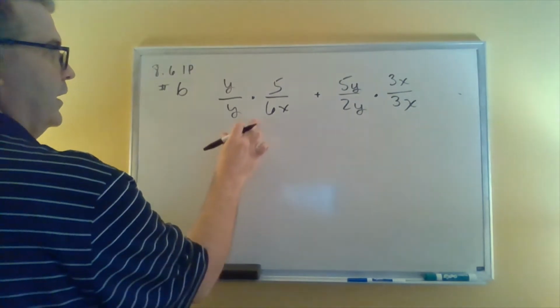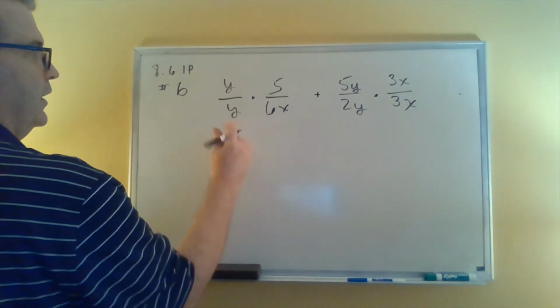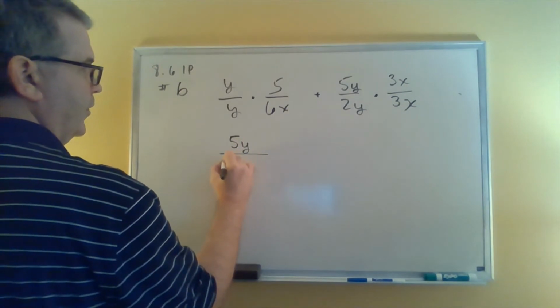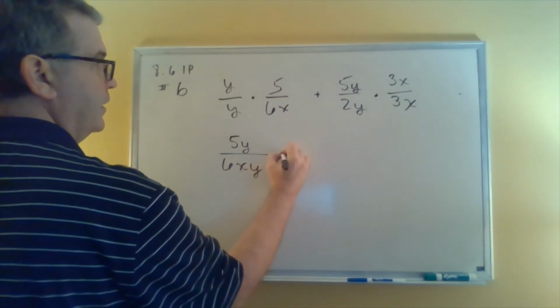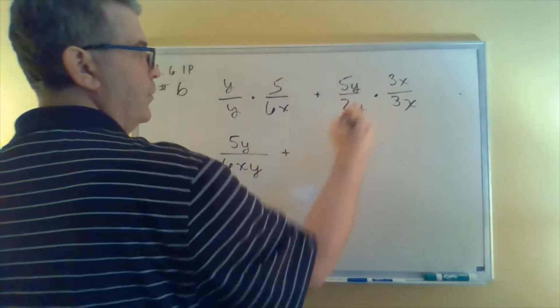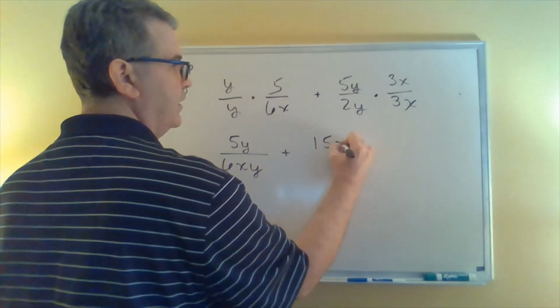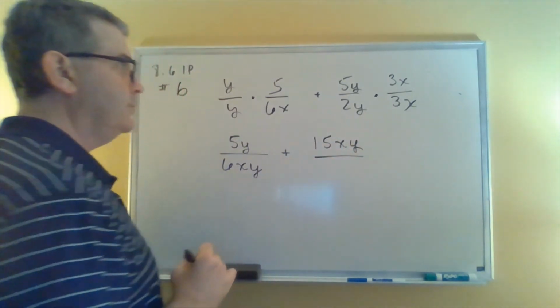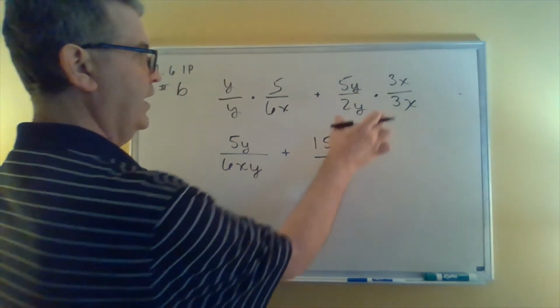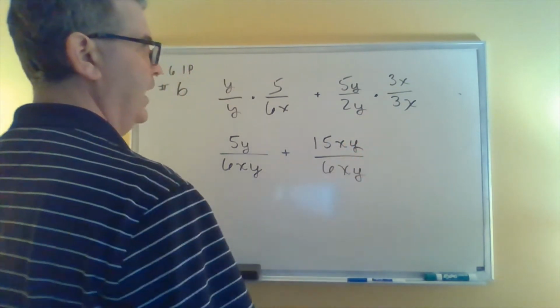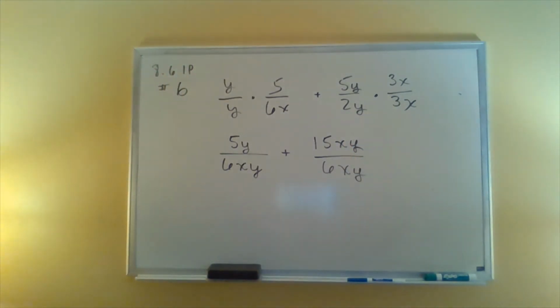And what that'll end up doing is giving me, over here, 5y over the denominator of 6xy. And I'm going to add to that, when I multiply 5y times 3x, I get 15xy. And that's going to be over my common denominator of 6xy. 2y times 3x is 6xy.